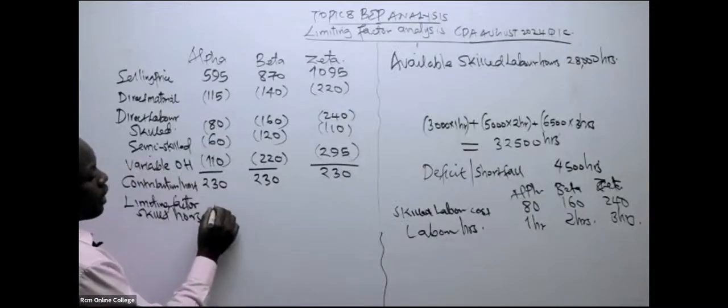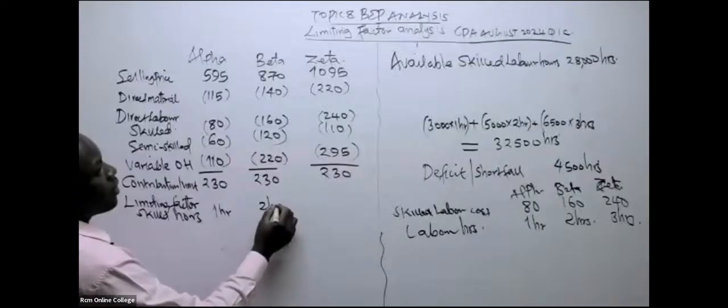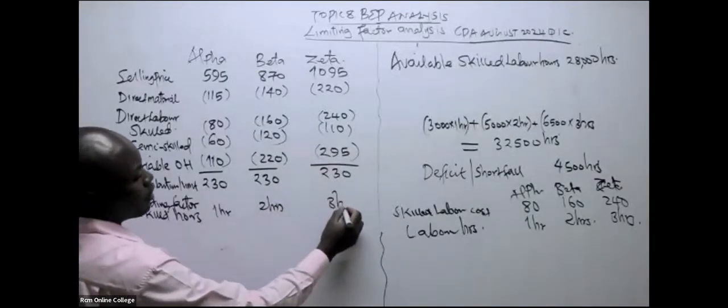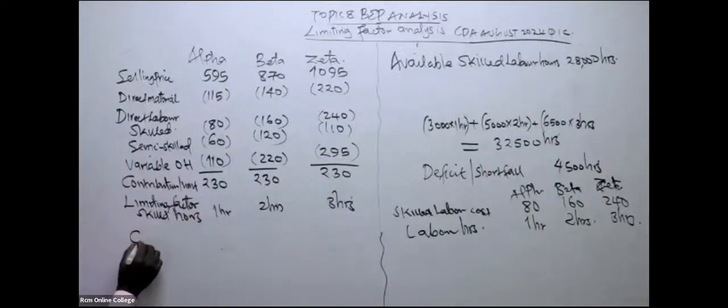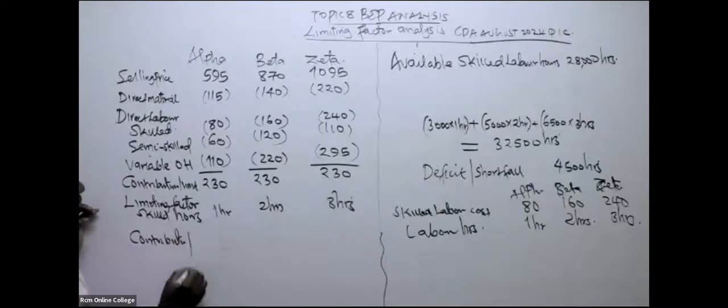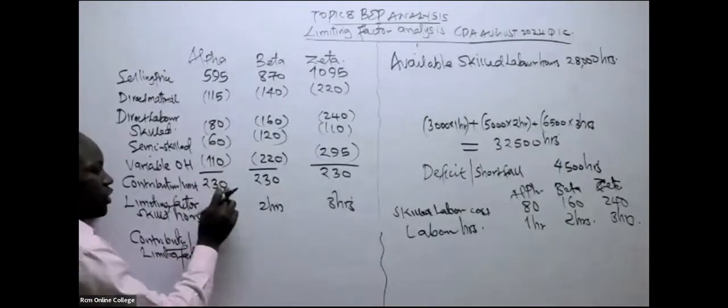Alpha requires 1 hour, beta requires 2 hours, zeta requires 3 hours. So please use this to give us the contribution per limiting factor. You can take contribution divided by this.